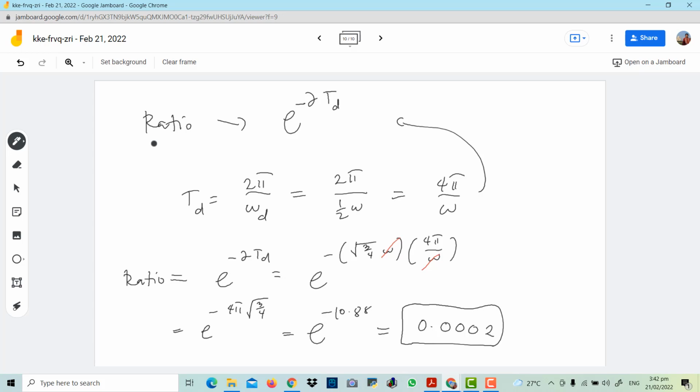Substitute that to our ratio, and gamma is equal to square root of 3/4 omega, then you will get the ratio of your successive amplitudes. It's 0.0002. Okay? That will be our answer.